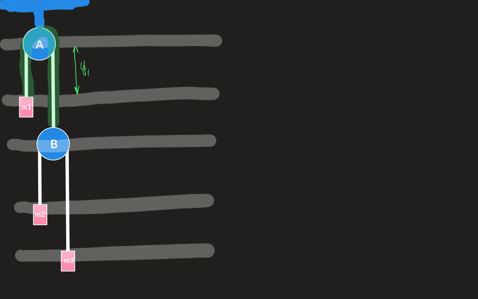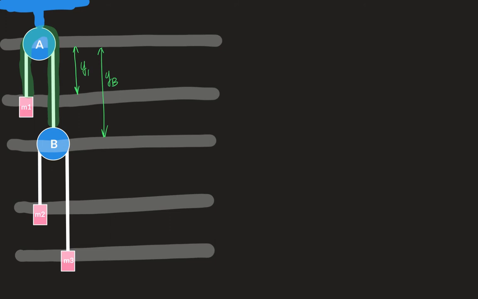I'm going to call this one YB because it is the length of the string associated with the right-hand side between A and B. And so as B rises and M1 falls, Y1 and YB are going to change, all right?